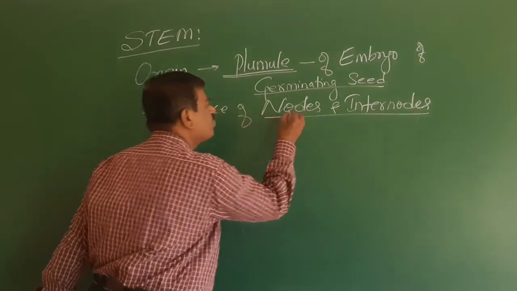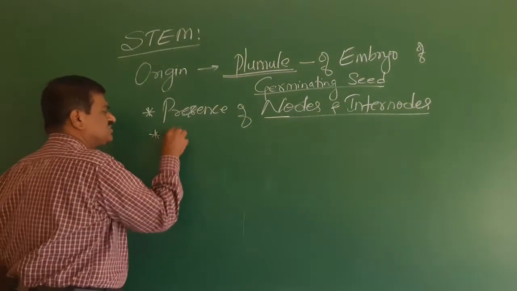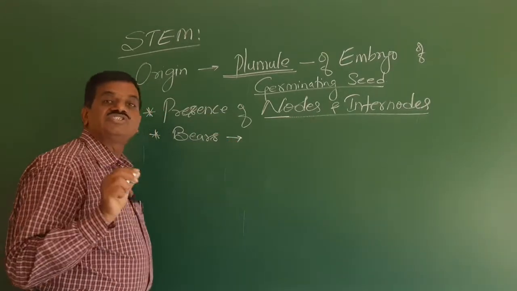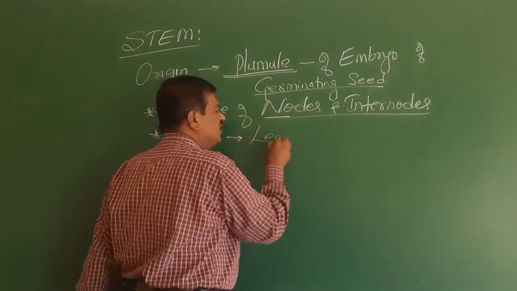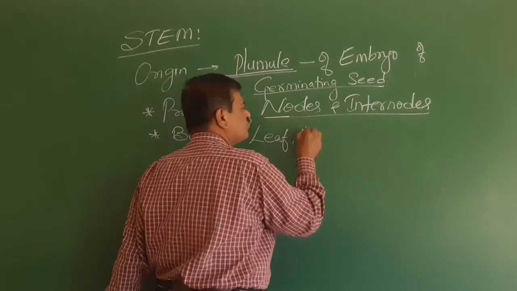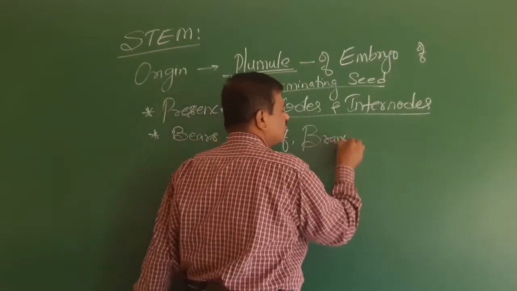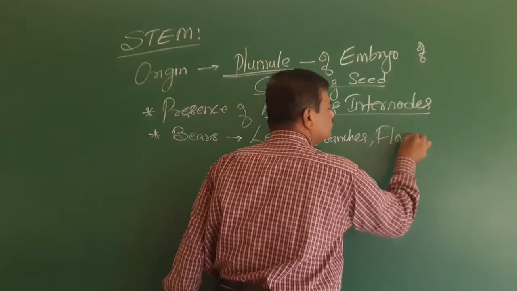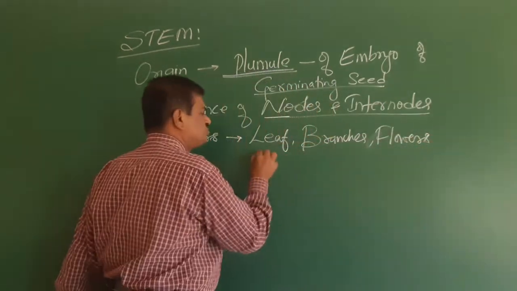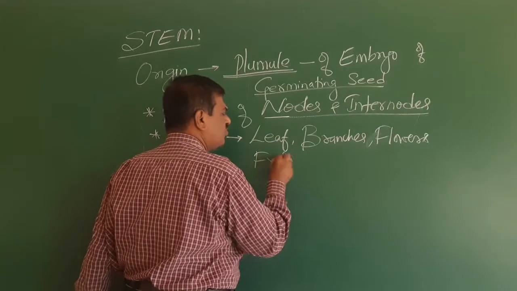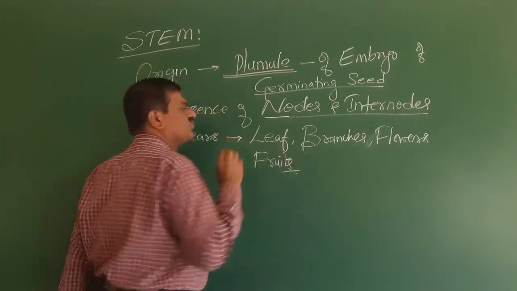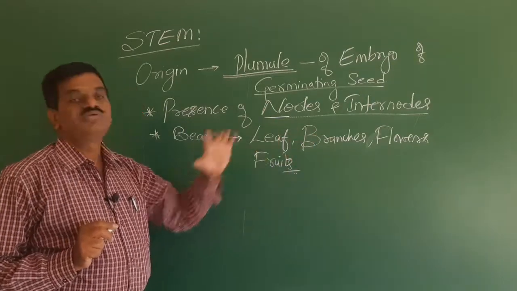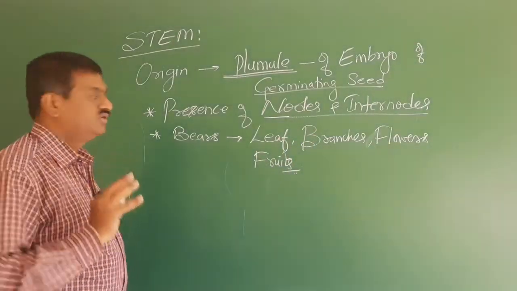Next, the stem has the presence of leaves, branches, flowers, fruits, all of these present on the stem.